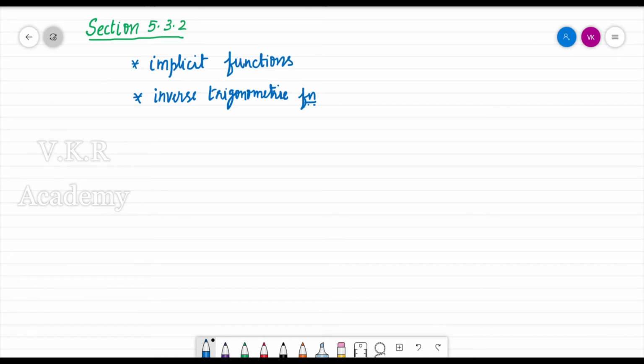First, let's define what we mean by an implicit function. Suppose y is a dependent variable that depends on the independent variable x.